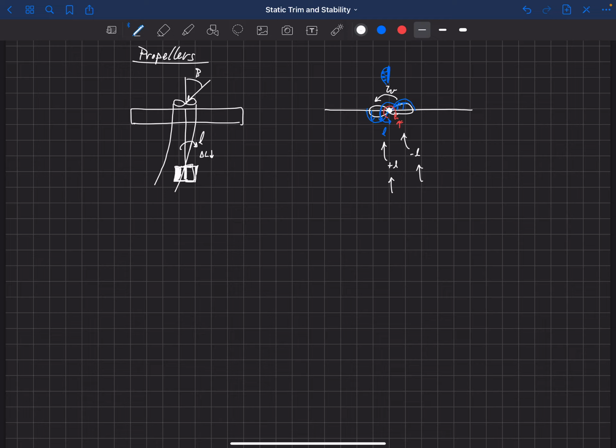Okay, so this is just a brief discussion on the effect of propellers on roll stability and trim. And of course, these types of effects are fairly complicated and would require high fidelity CFD or wind tunnel tests in order to really accurately predict or measure what these effects are from the propeller.